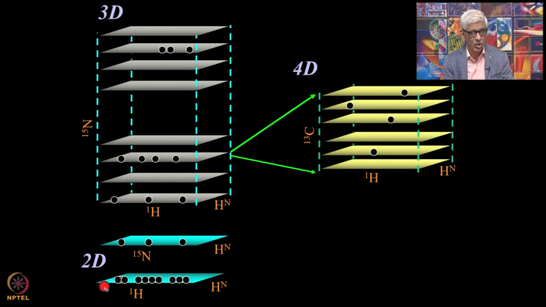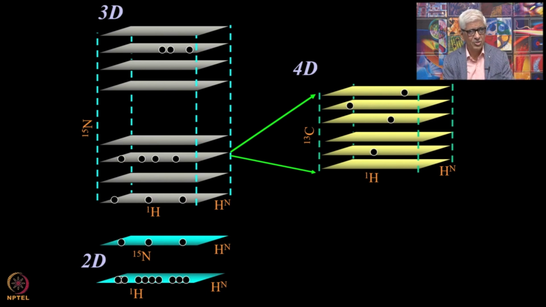In the 2-dimensional spectrum, we would pull this in the HSQC TOCSY or HSQC NOESY to include the proton chemical shifts more. But now we will restrict that to N15, the amide chemical shifts only, and we will take the third axis to pull these peaks onto the different dimension, the N15 dimension here. So all these peaks will now get distributed into the different planes in the 3-dimensional spectrum.